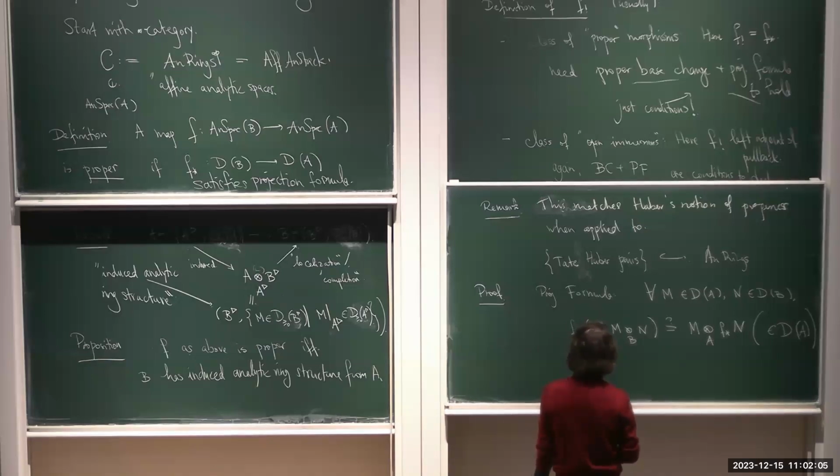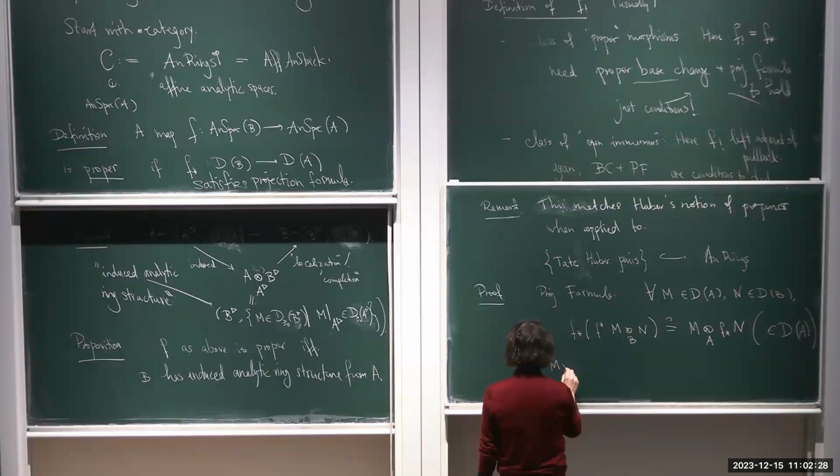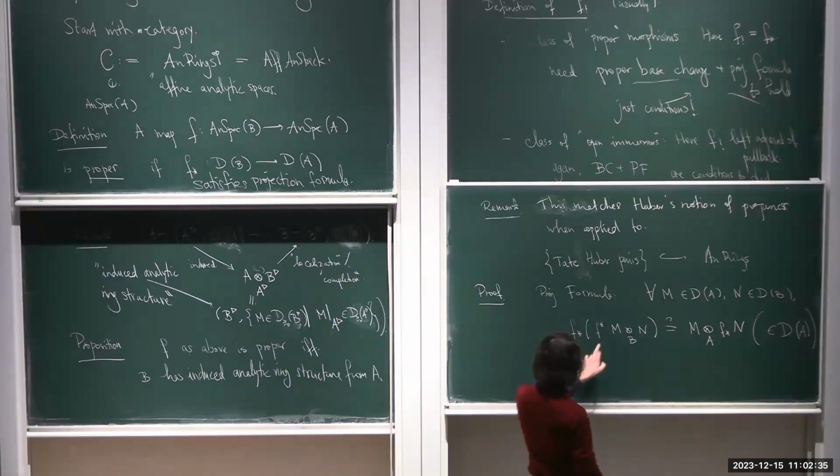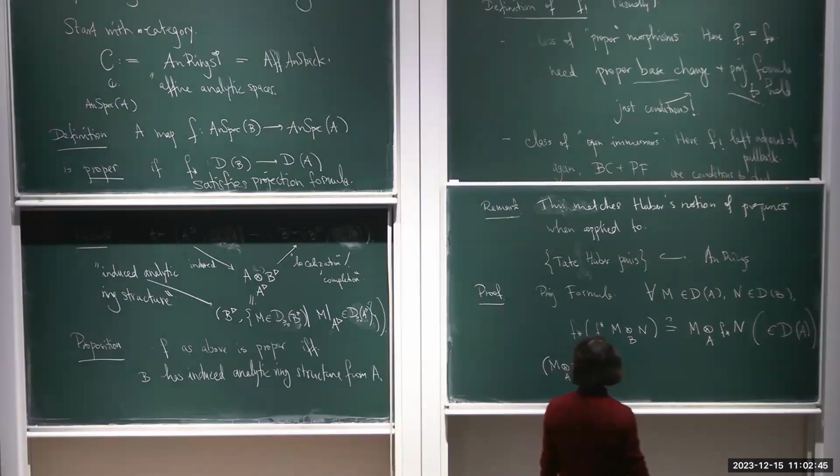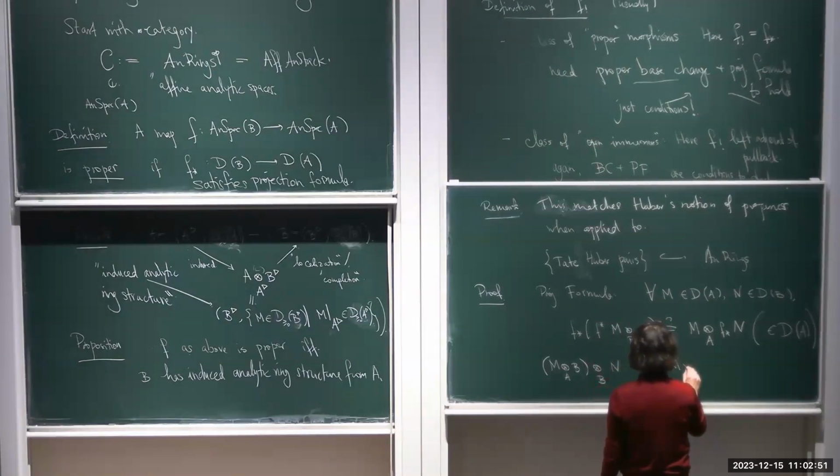Okay, so what does this really say here? What you're doing here is base changing M from A to B. This is what f upper star is, and then you're tensoring over B with N. And the question was whether this is the same thing as tensoring.